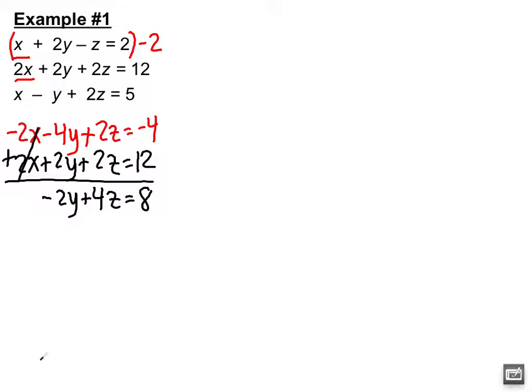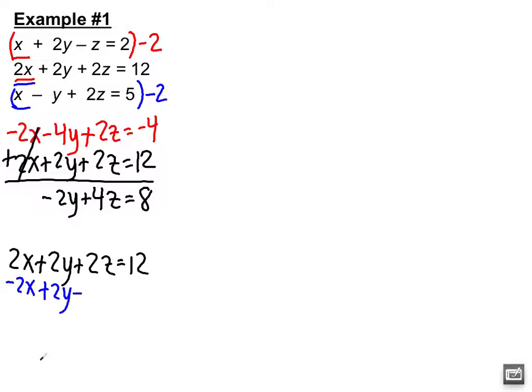I need one more. In order to do that, I'm going to multiply my third equation by -2 this time. So again, I have -2x and +2x. Second equation stays the same again, so I'm just going to rewrite it. My third equation becomes -2x, add 2y, subtract 4z is equal to -10.